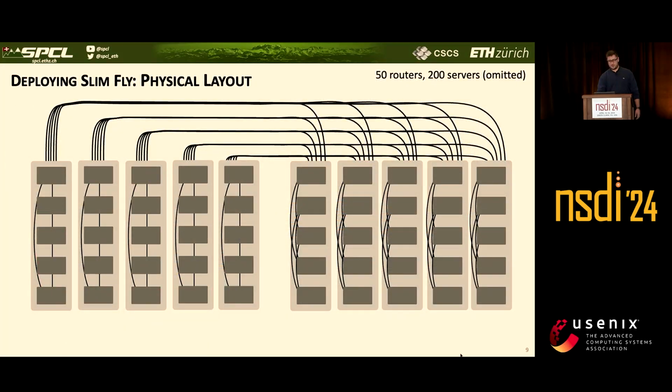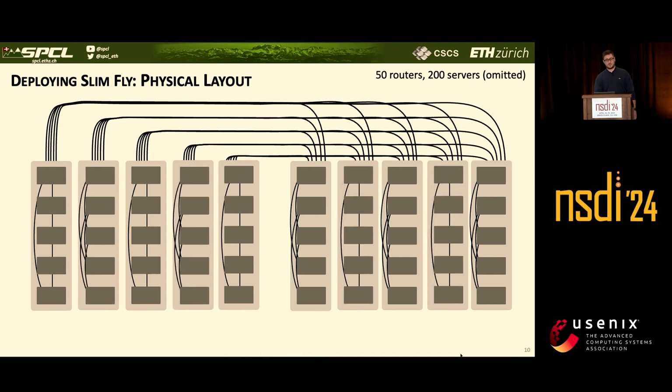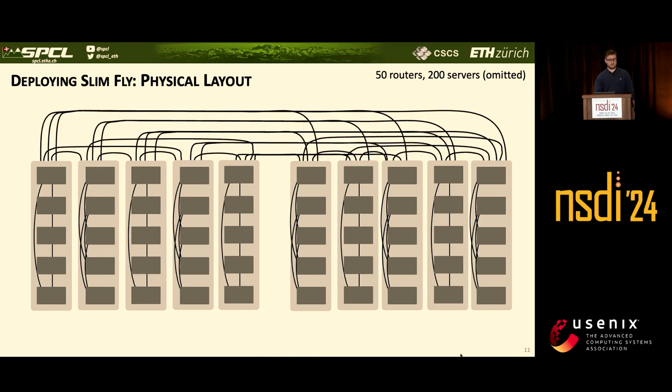Okay, so how do we take this physical layout that is the SlimFly and put it into racks and deploy in our data center? Well, the first thing we do is we take the subgraph 0 and subgraph 1 and we actually mix these groups pairwise, because this allows us to reduce the intergroup length of these connections, right? And the racks follow the same scheme.